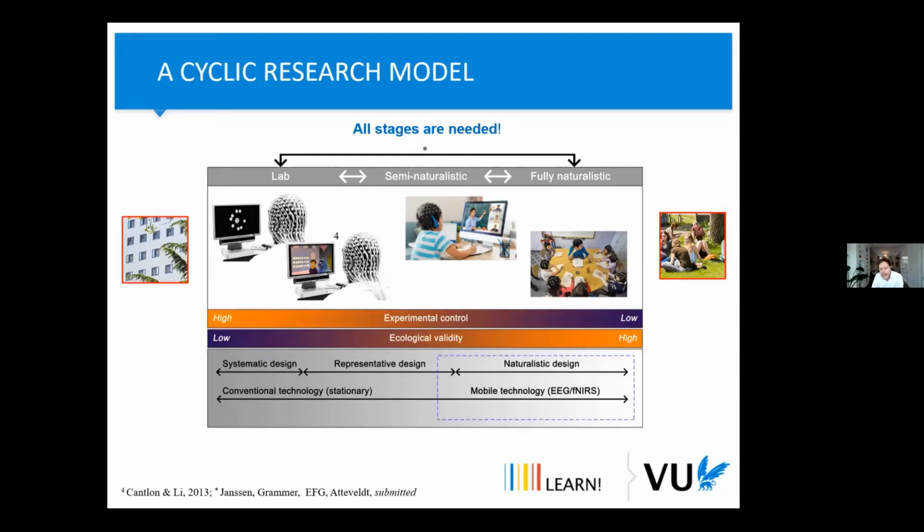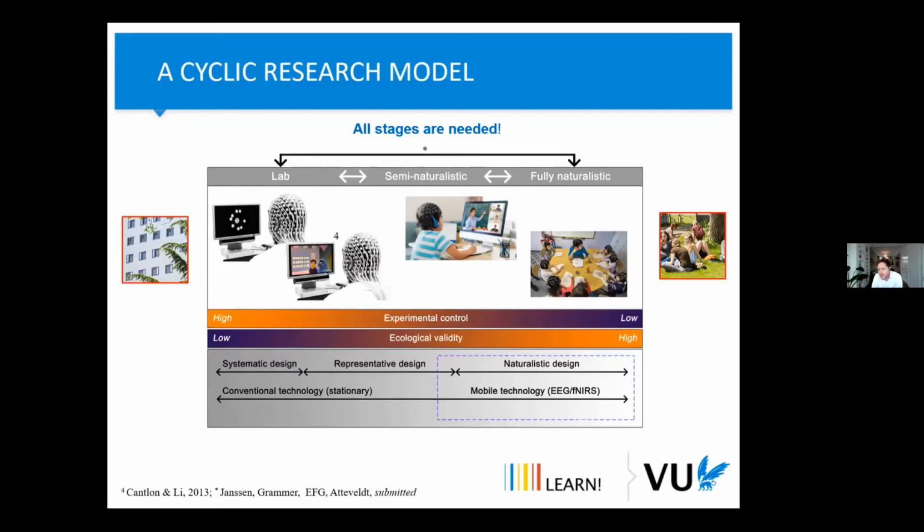And these kinds of studies provide us with a good grounding for the more naturalistic studies, and they can inform them too. The semi-naturalistic studies are useful as a bridge to the fully naturalistic studies, but also as a test to see whether findings from the lab generalize to more naturalistic situations.